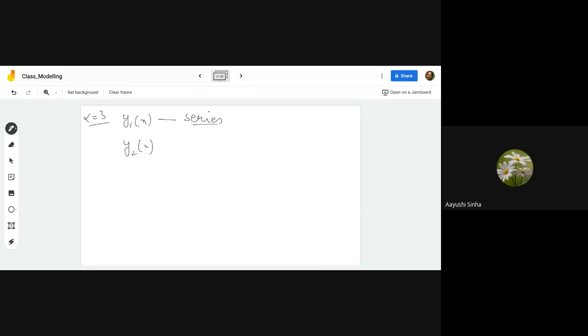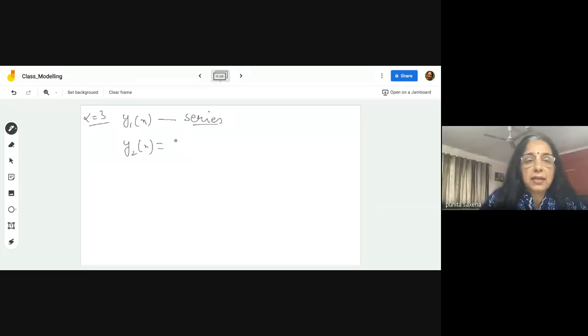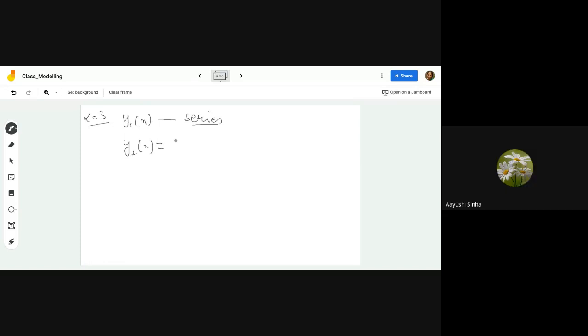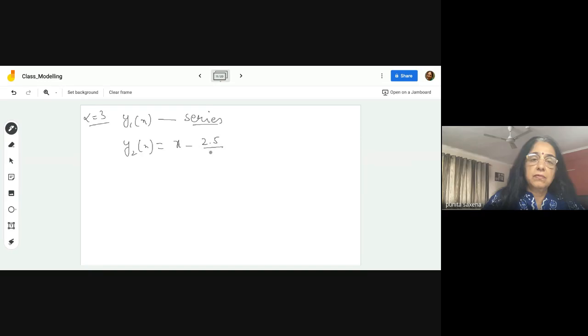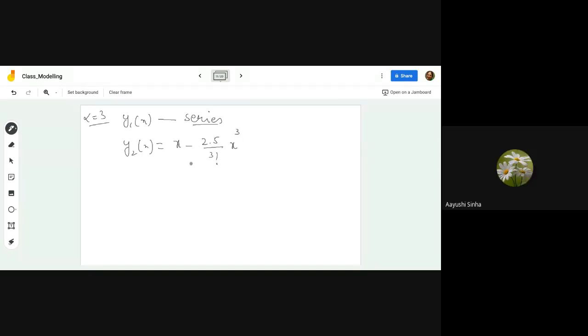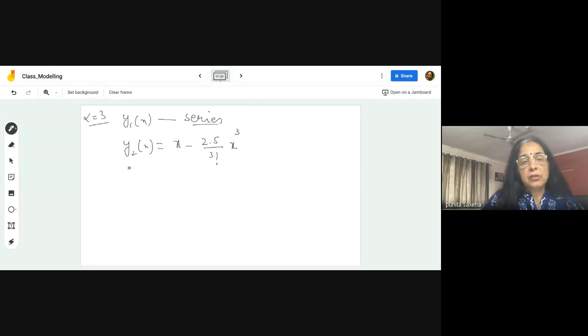And y2 is x minus 2 into 5/3! x^3. So now I have a polynomial when alpha is 3.